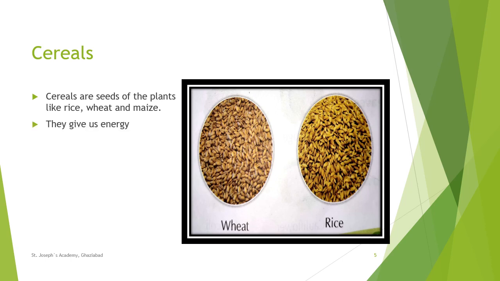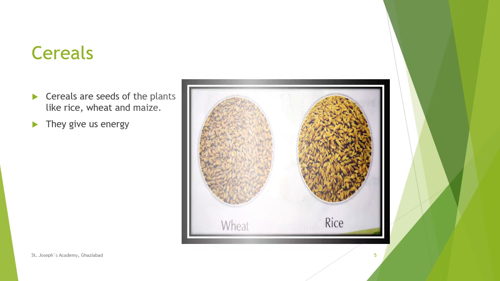They give us energy. So why do we eat the cereals? Because they give us energy. So what are cereals? Cereals are the seeds of the plant and they give us energy. Example is rice, wheat and maize.